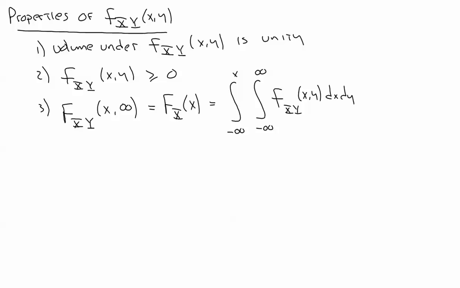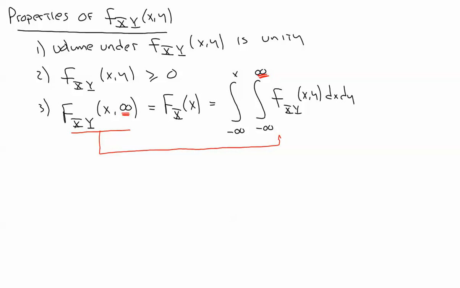So this, my joint cumulative distribution function, where my y value is evaluated at plus infinity, I can find by integrating my joint probability density function, and I'm going to let that upper limit for y be plus infinity. All right.